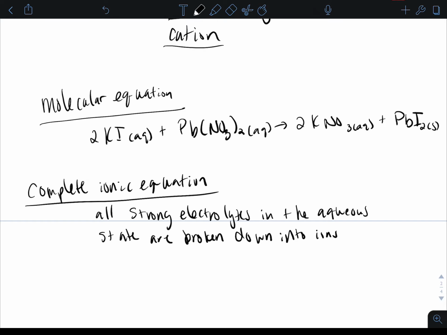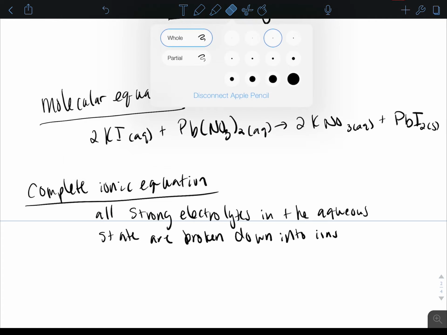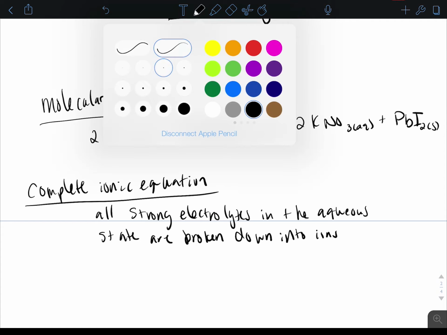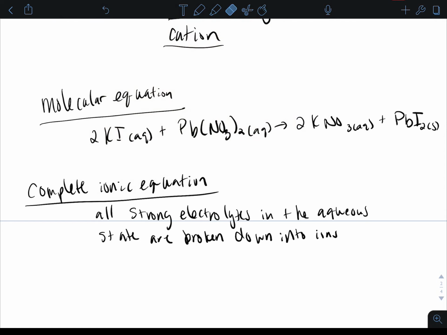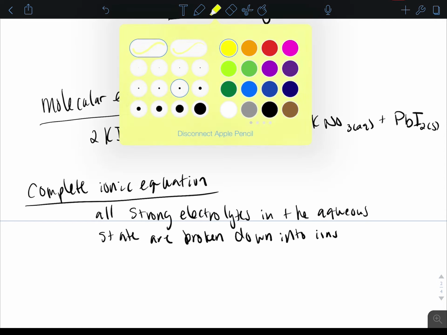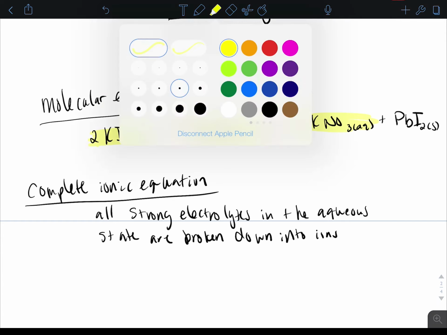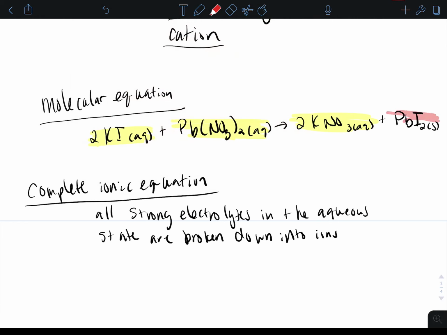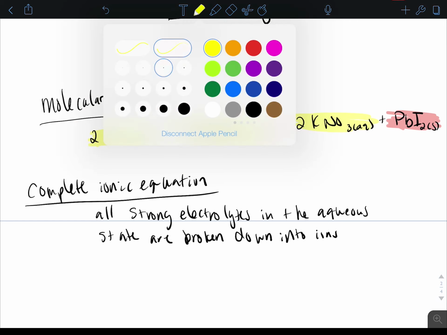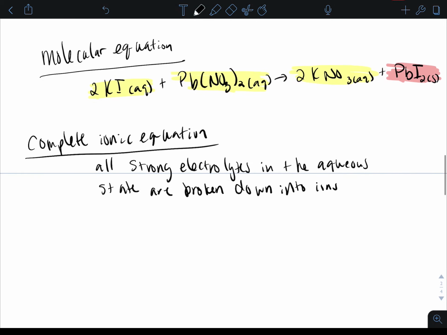That's going to include that one, and that one. It is not going to include this one because it's in the solid state. So let's try it out.